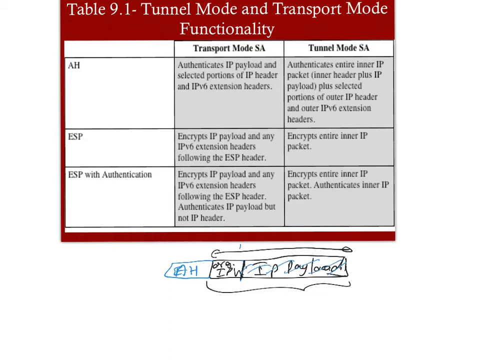So this is for authentication, and only this is for encryption. Okay, but of course the original IP header is left exposed, especially in the transport mode. You have to leave it exposed for the routers, because the routers need to do routing, and for routing they need the IP header. Okay, so it's left exposed. This is for the transport mode.